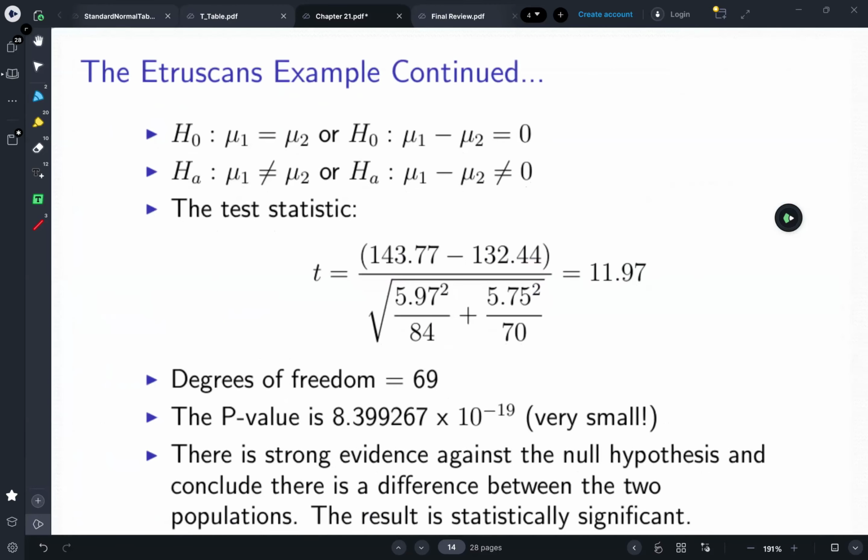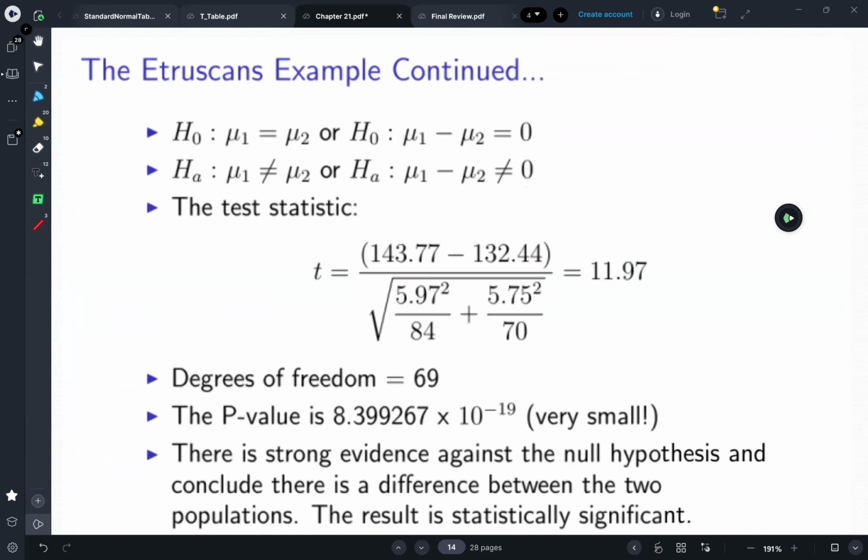So if we look at the Etruscans, our null hypothesis is that the skull measurements are equal, or another way of writing it is the difference is equal to 0. The alternative was they're not equal, or the difference is not equal to 0.